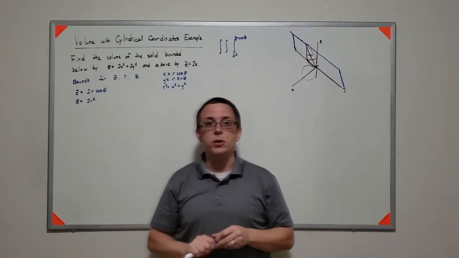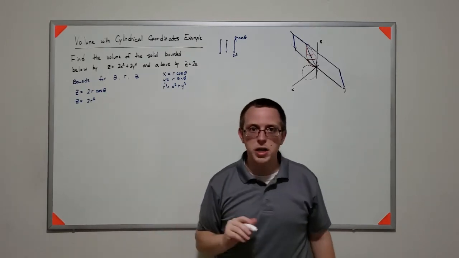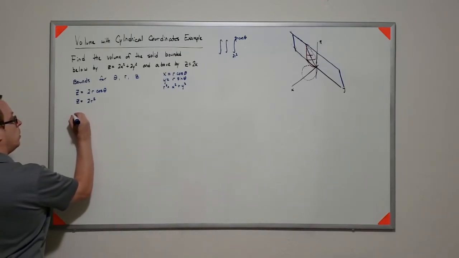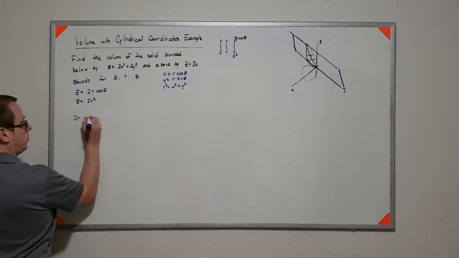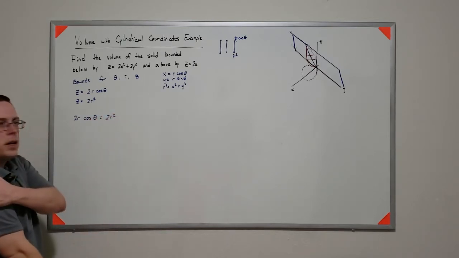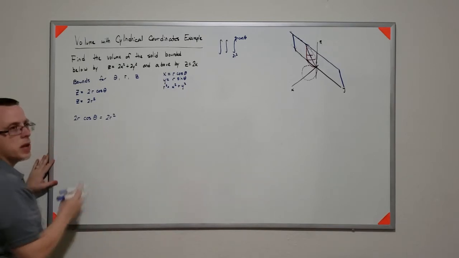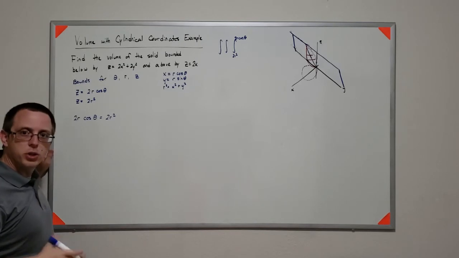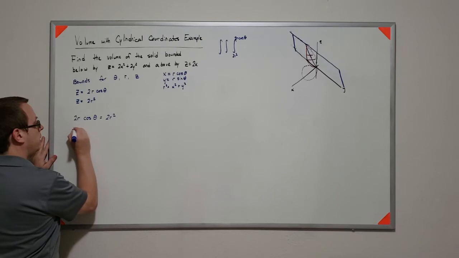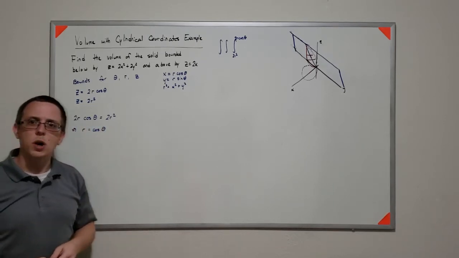So we can use these equations and ask where they are equal to each other: 2r cosine theta is equal to 2r squared. If we divide both sides by 2r, making the assumption that r is not 0, then we get r is equal to cosine theta.